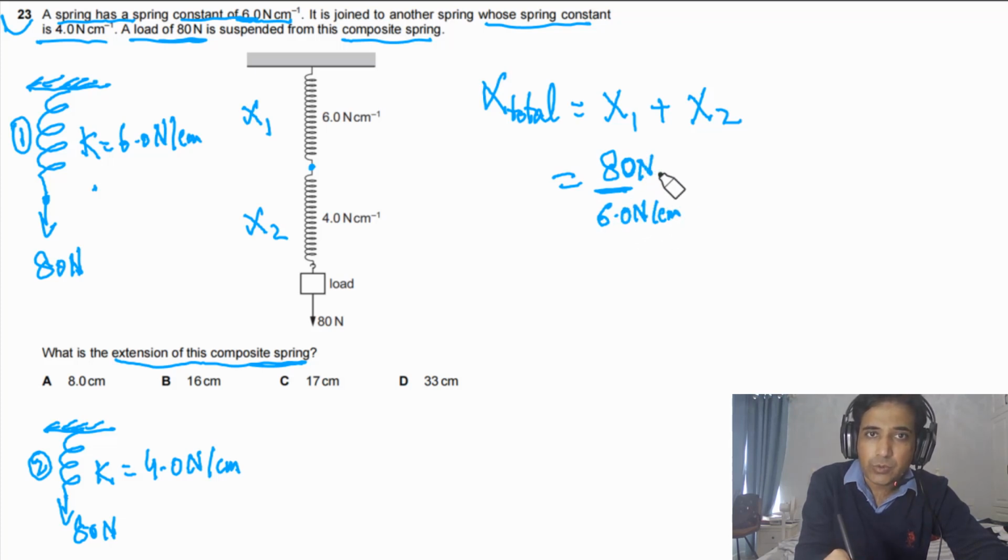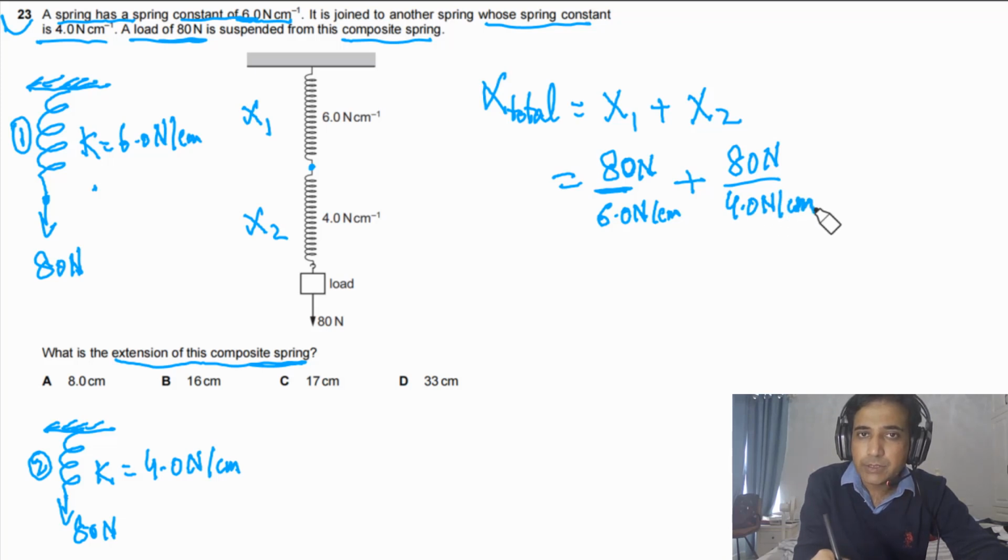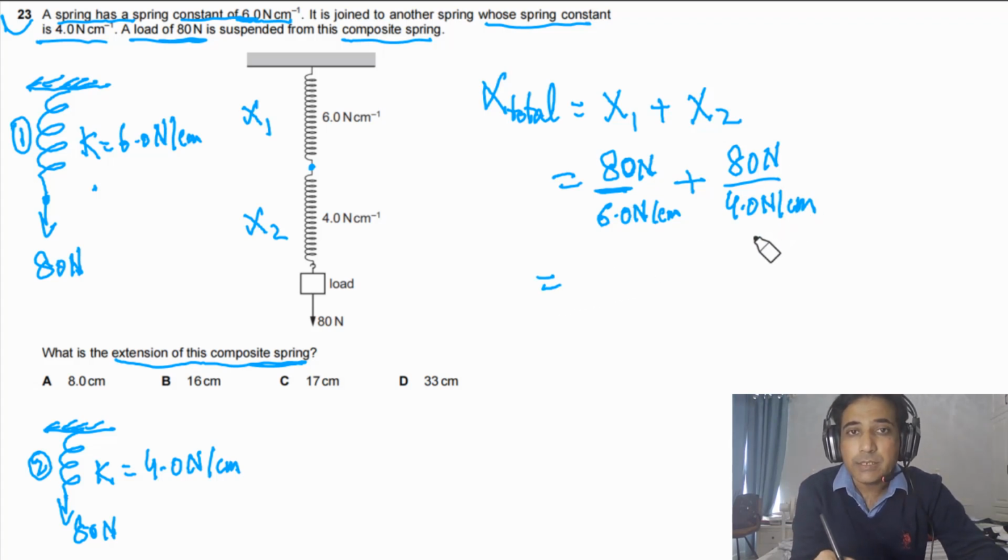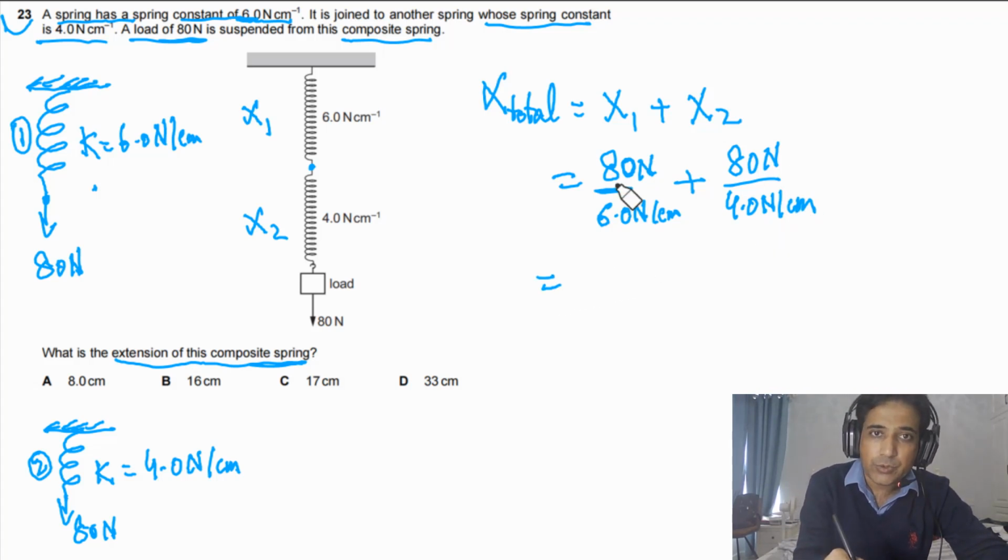For the second spring the force is the same, so this is 80 newtons and the spring constant is 4.0 newtons per centimeter. You can see newtons will be cancelled and we will get only centimeters. If we solve this, we will get 13.3 centimeters here, and here we will get 20 centimeters.